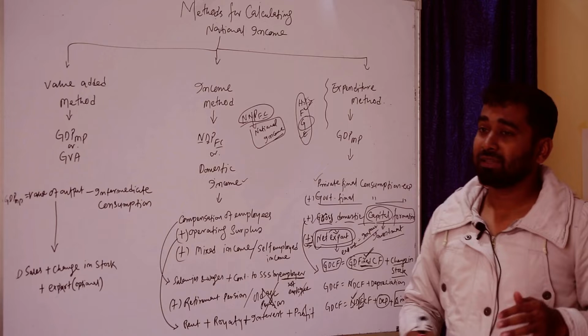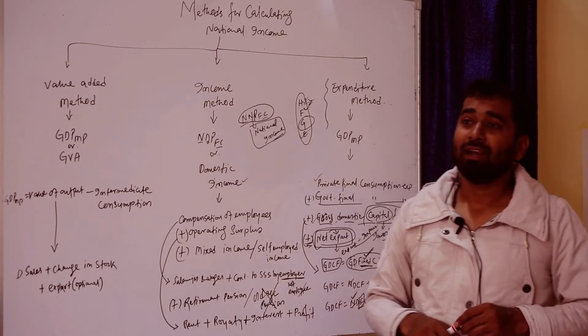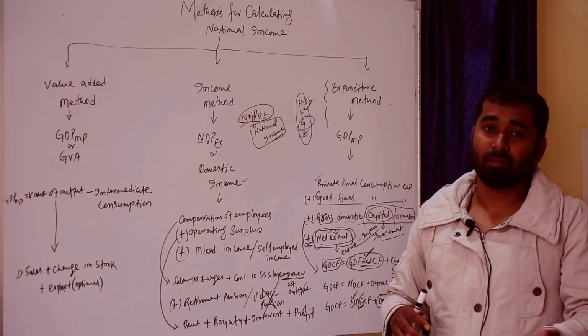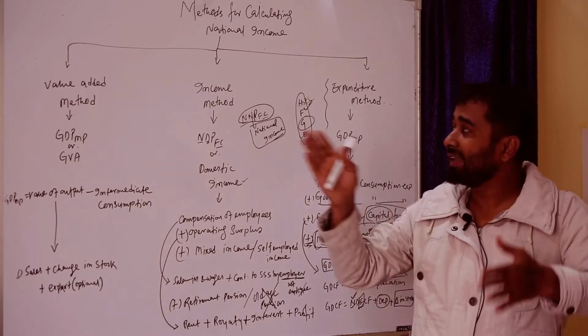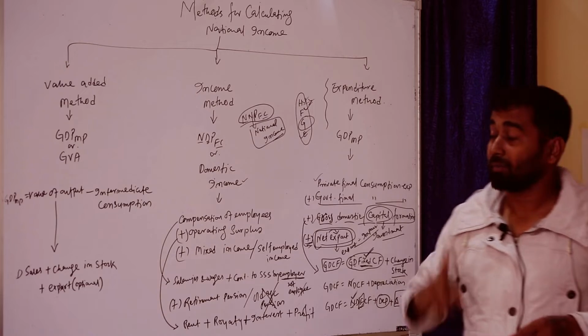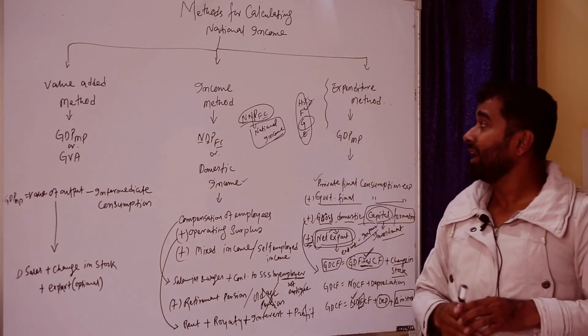Next one is the income method. In the income method, all the four factors' income, that is land, labor, capital, entrepreneurship, is what we are finding for calculating the national income. Next is the expenditure method.